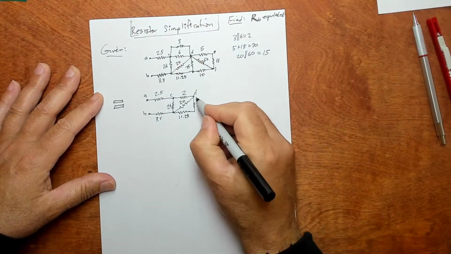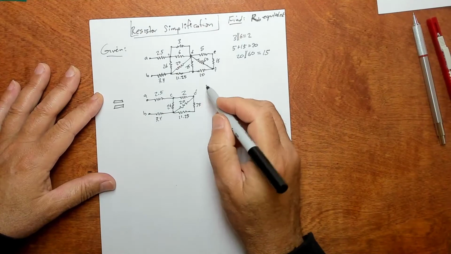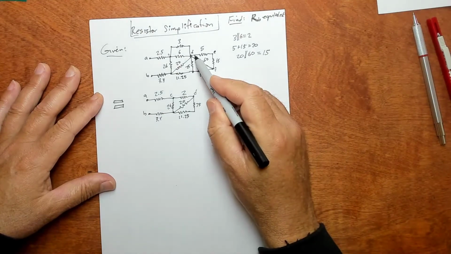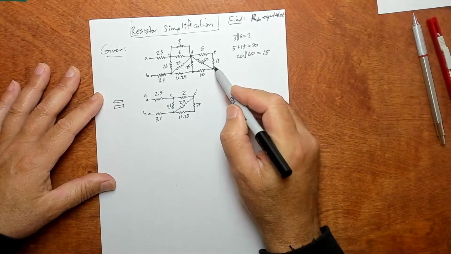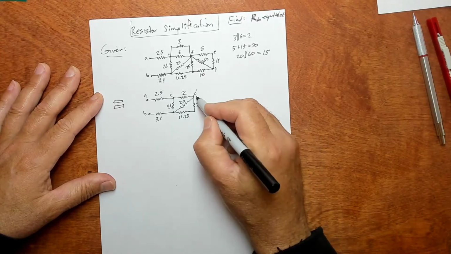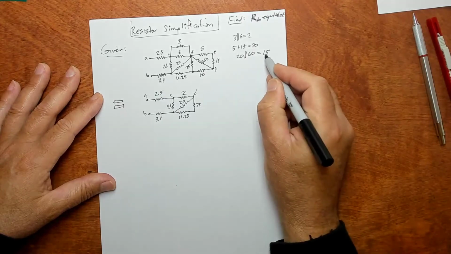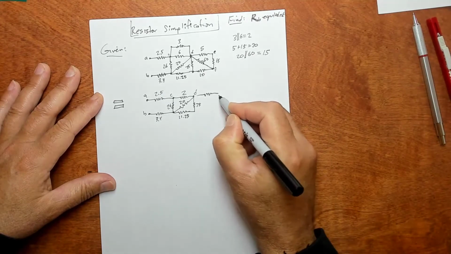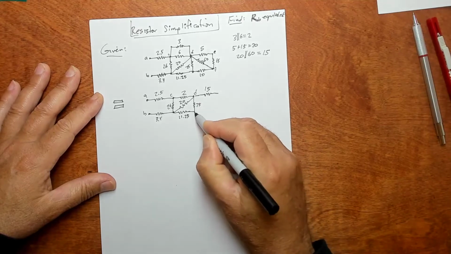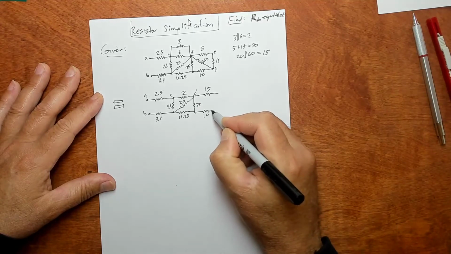Okay, then between nodes D and F, we replace that with this 15 guy. So I'm going to draw it over here. This is the 15 ohm, and the 10 ohm is still here.